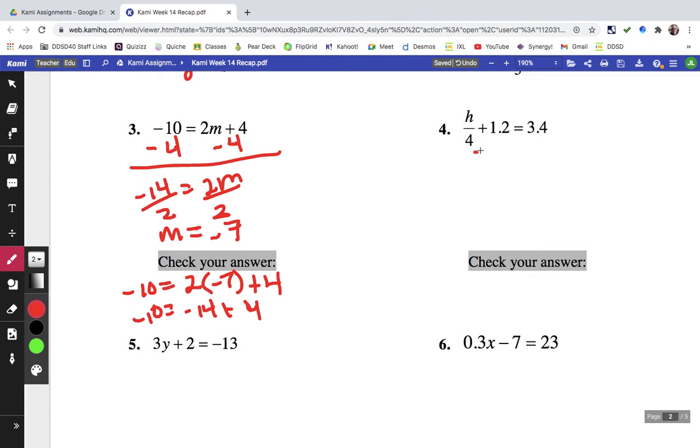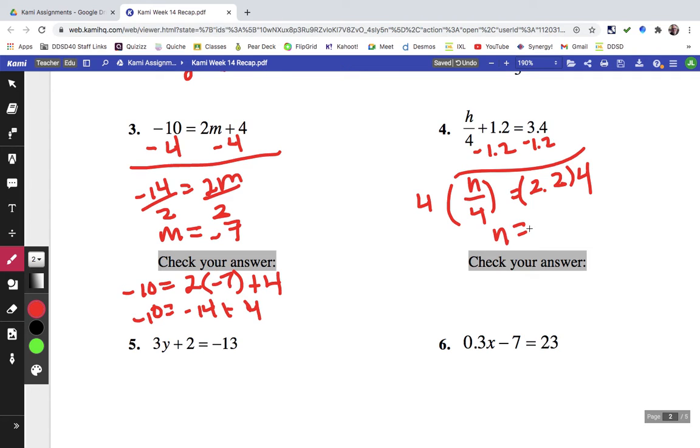I'm going to subtract 1.2. And so that is equal to 2.2. So a number divided by 4 is equal to 2.2. I'm going to multiply it by 4 to undo that. So that's 8.8.